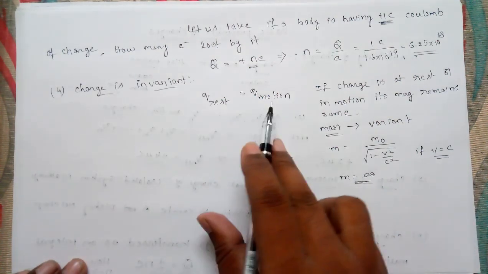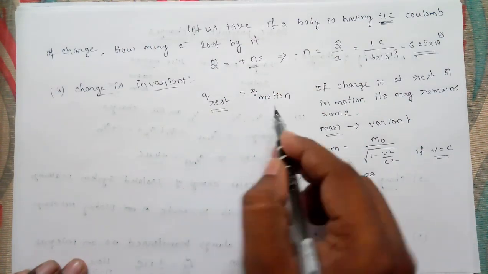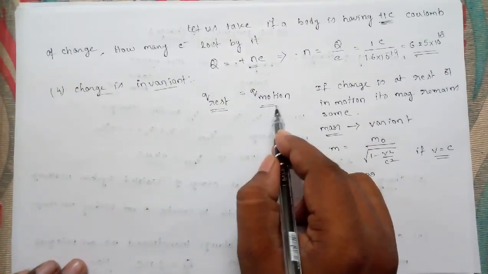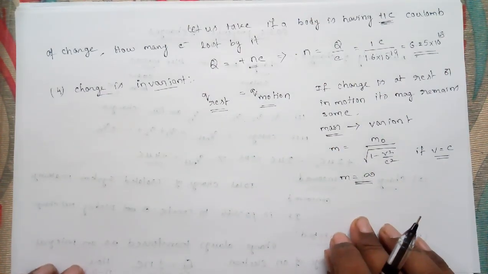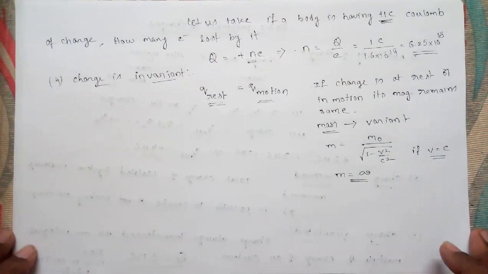But charge is not like that. Whether the charge is at rest or in motion, its magnitude never changes, it remains the same. That is what we call the invariant property of charge.